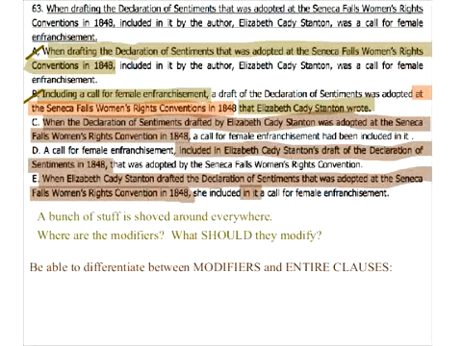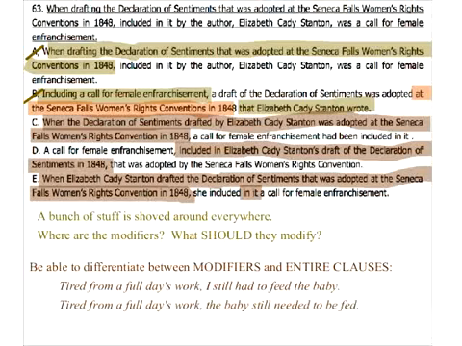So for example, if you say tired from a full day's work, I still had to feed the baby. Tired from a full day's work, the baby still needed to be fed.